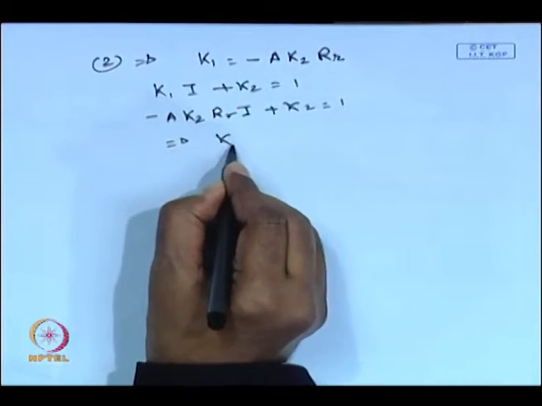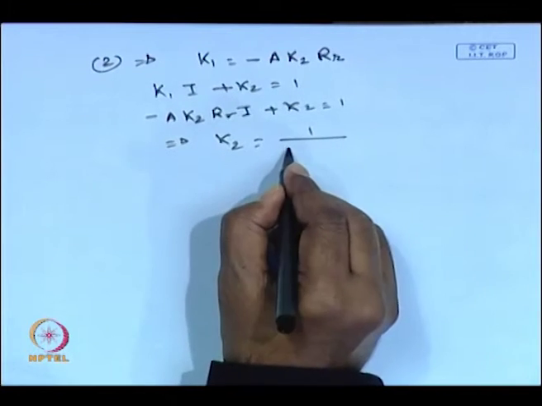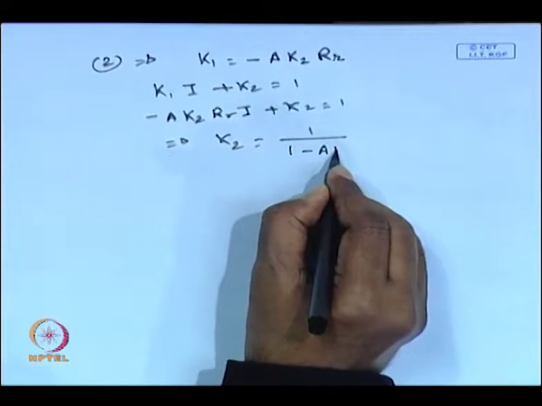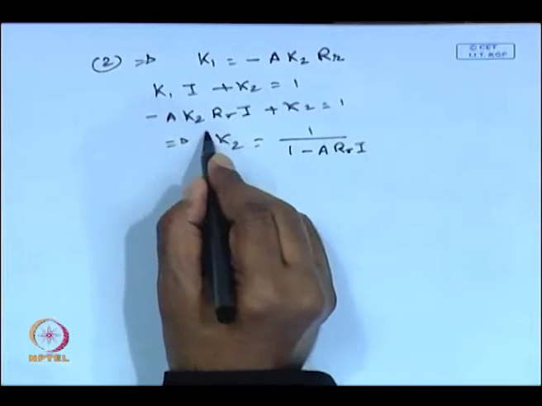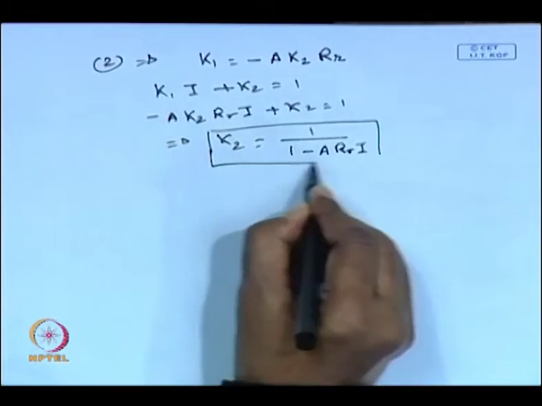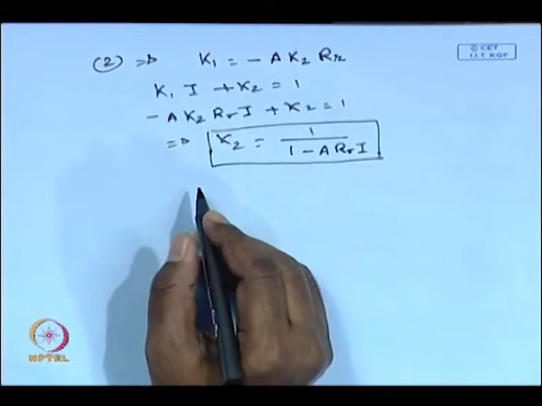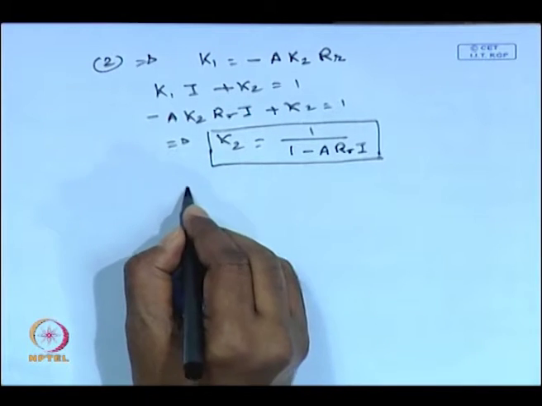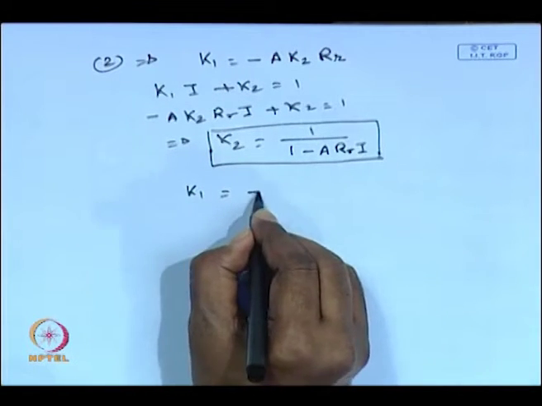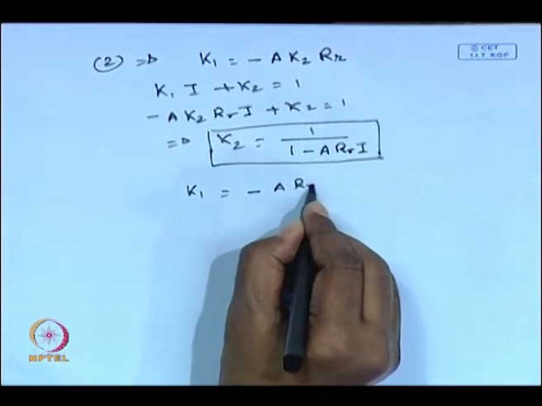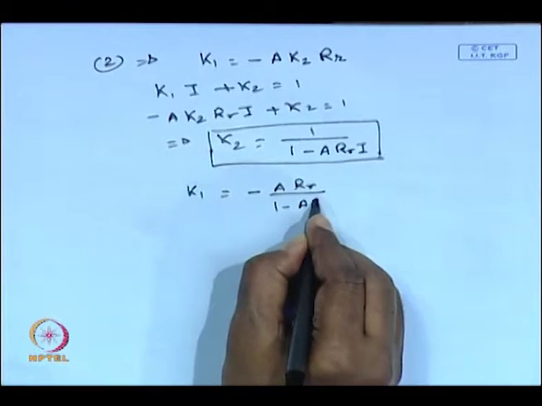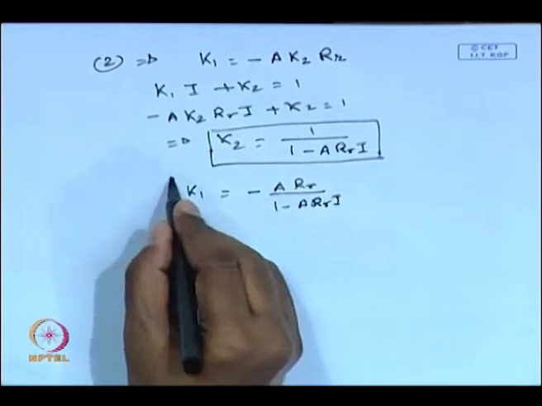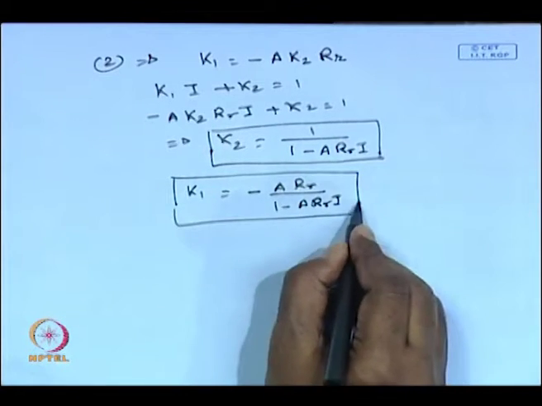Therefore, k2 will be nothing but 1 by 1 minus a rr I. So, this is the expression of k2. And k1 is nothing but minus a rr divided by 1 minus a rr I. So, this is the expression of k1.